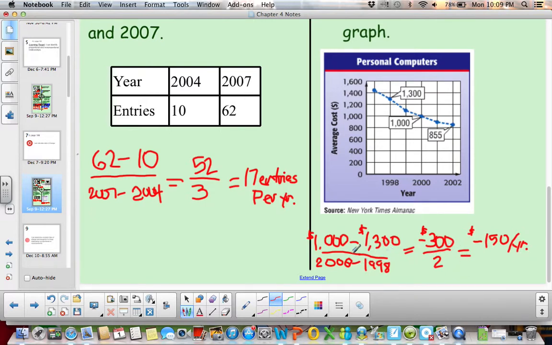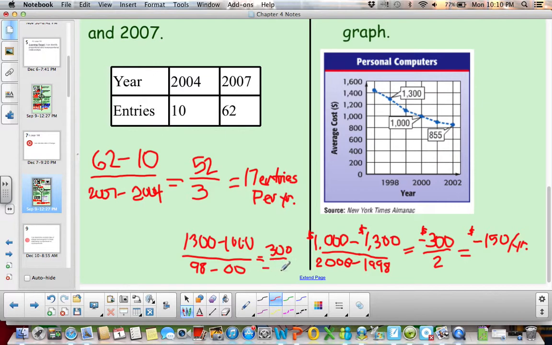If you were to set this up the other way, and you accidentally did 1998 first, say you started setting this up as 1,300 minus 1,000 and then realized it didn't match up right, well, I know that 1,300 corresponds with 1998, so I could still line it up directly underneath. 1,300 minus 1,000 is 300, and then 1998 minus 2000 is negative 2.